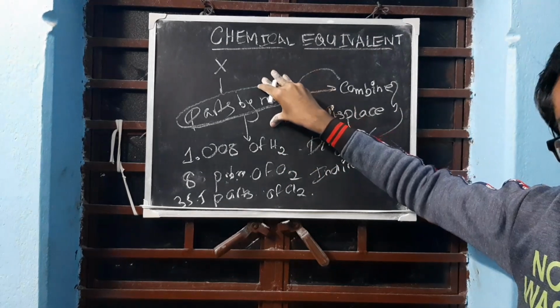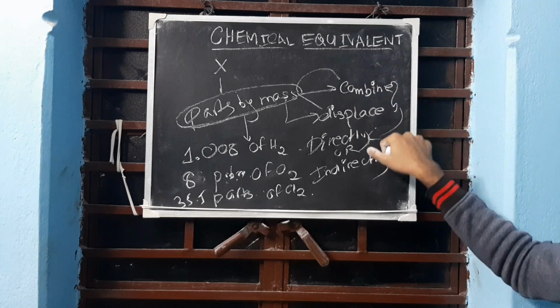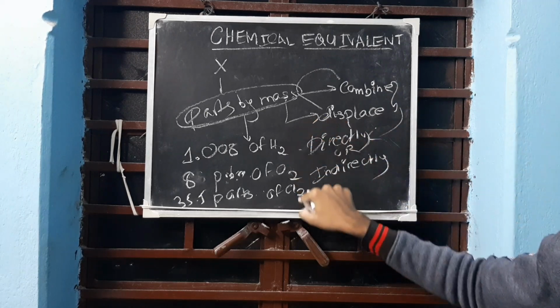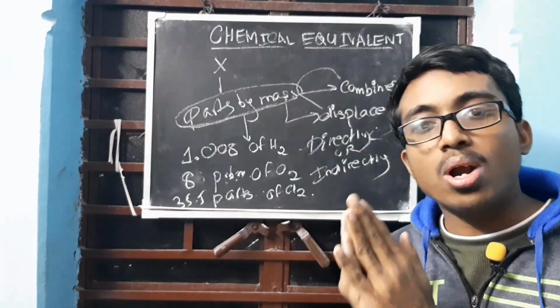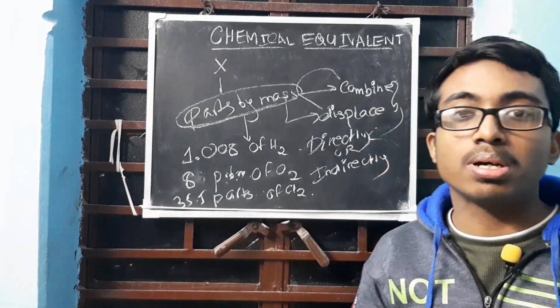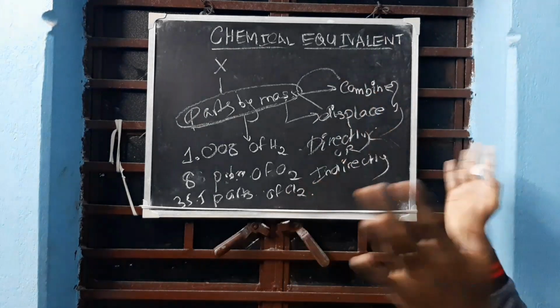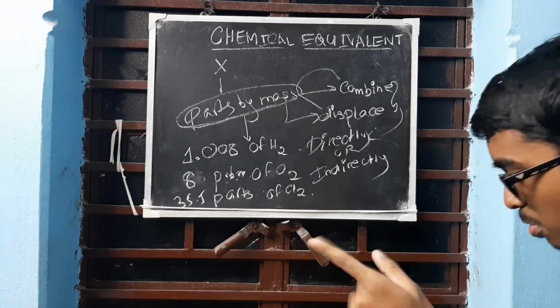It's the number of parts by mass combining or displacing directly or indirectly either 1.008 parts by mass of hydrogen or 8 parts by mass of oxygen or 35.5 parts by mass of chlorine. If either of these three things is happening, then this is equivalent weight. Clear? Understood? Let us proceed.